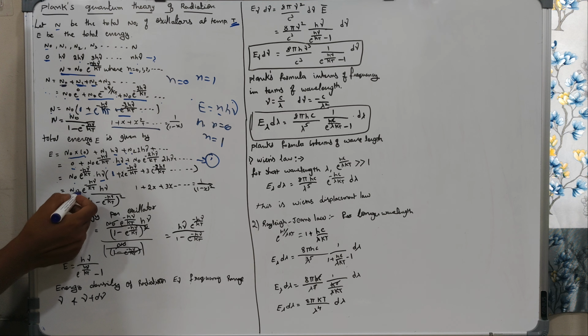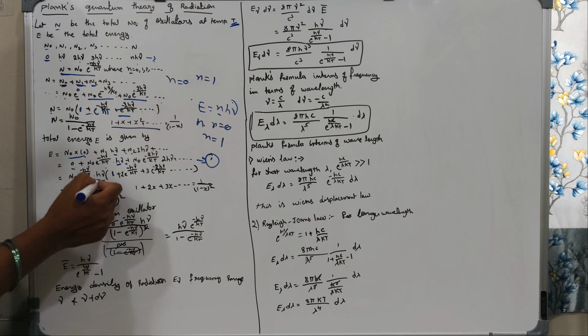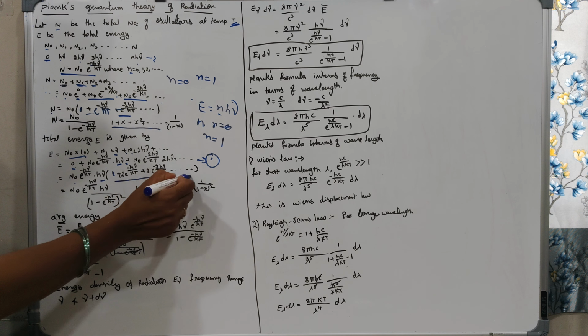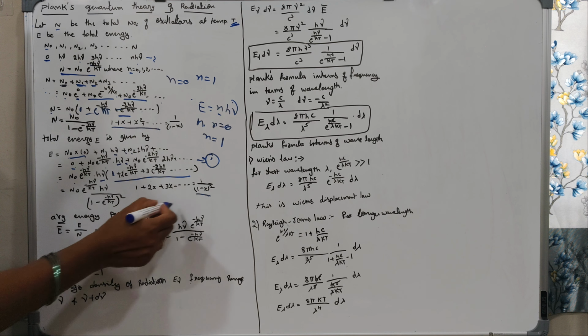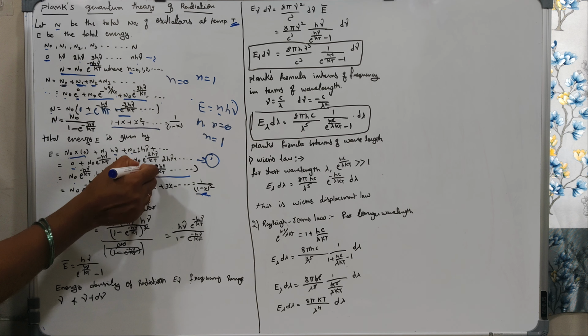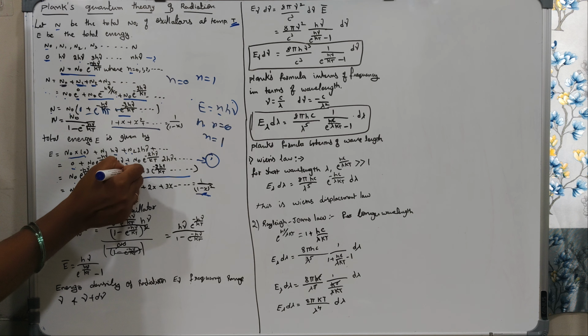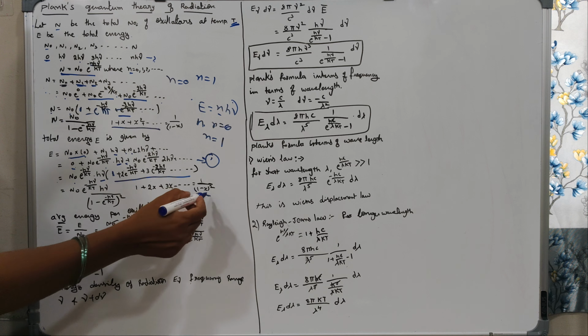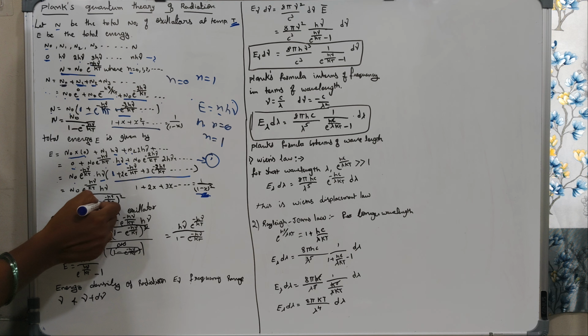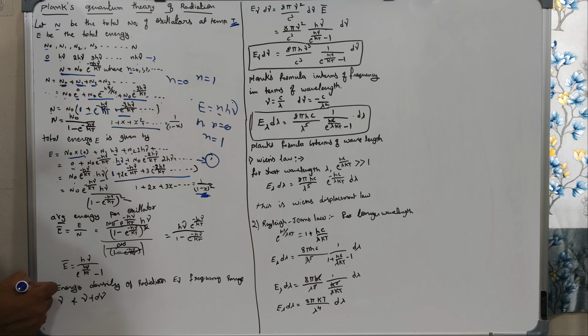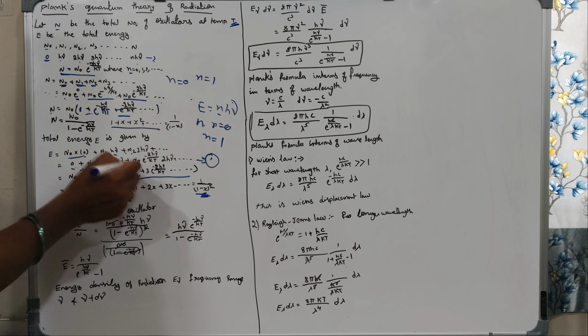So that equals N naught e to the power of minus h nu by kT times 1 divided by 1 minus e to the power of minus h nu by kT whole square. This is the expansion of this term.